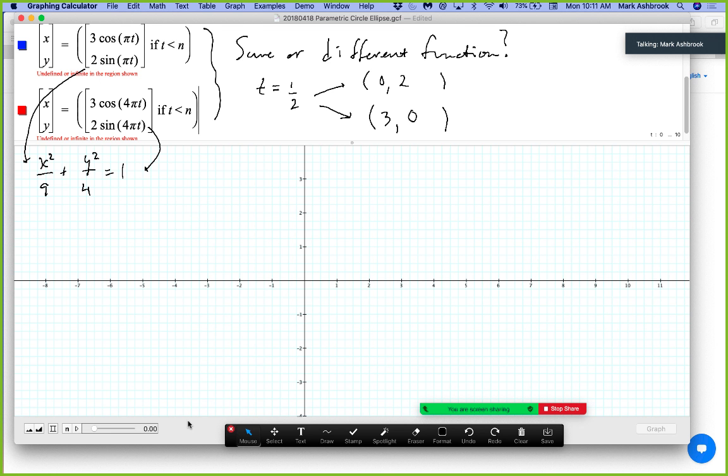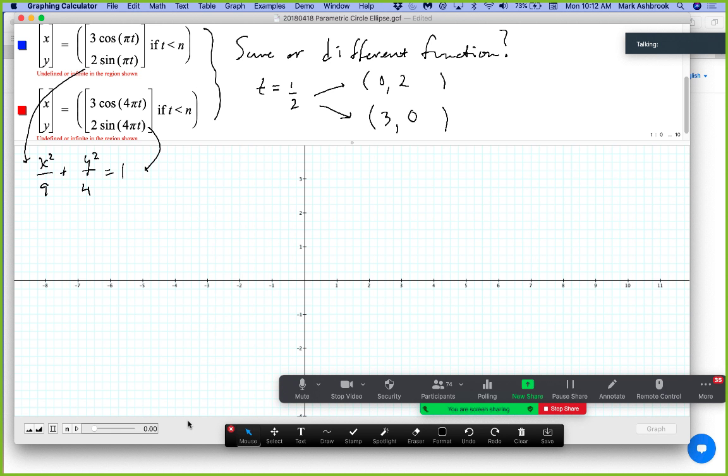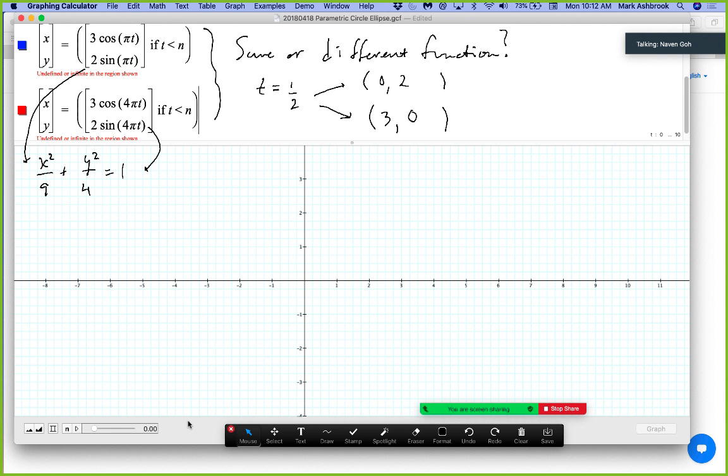Others, what do you think? I thought they would go in the same direction since sine was still bound to the same x and y variables as last time. Okay. But I'm thinking more along the lines that the ordered pairs, parametrically, are different.